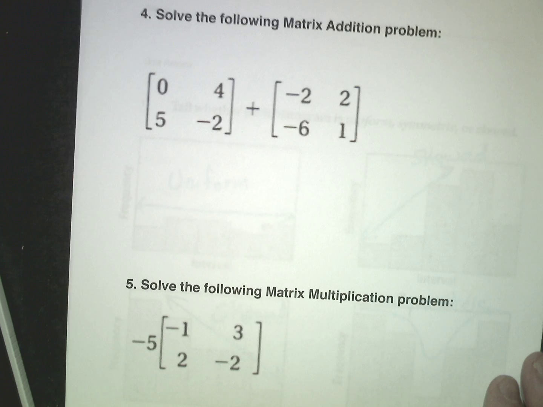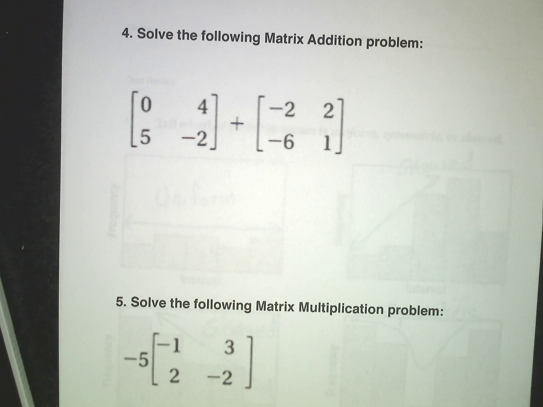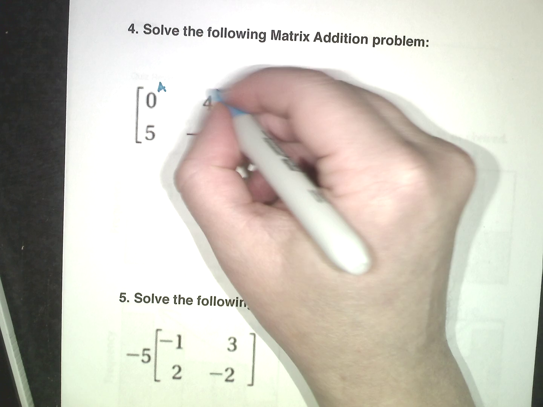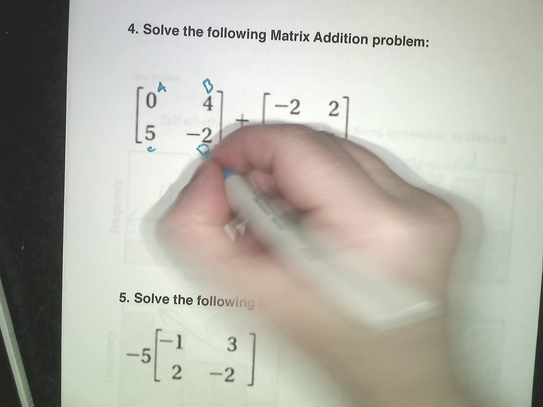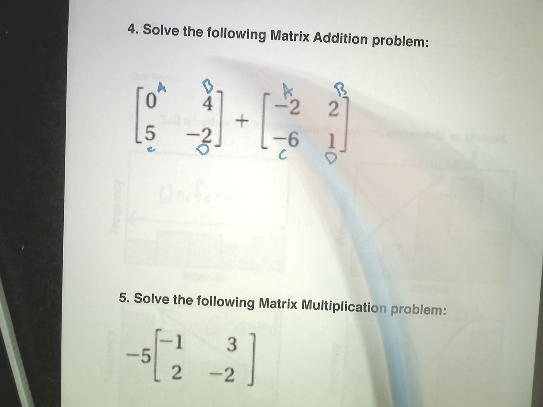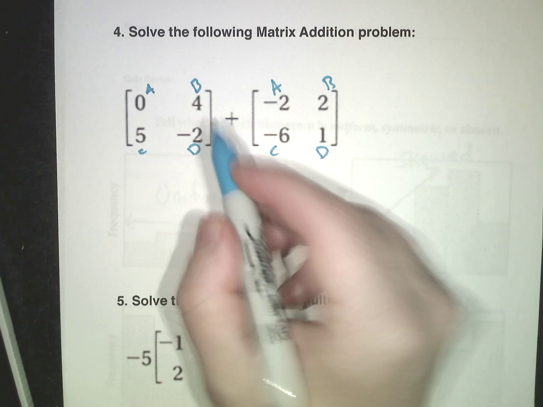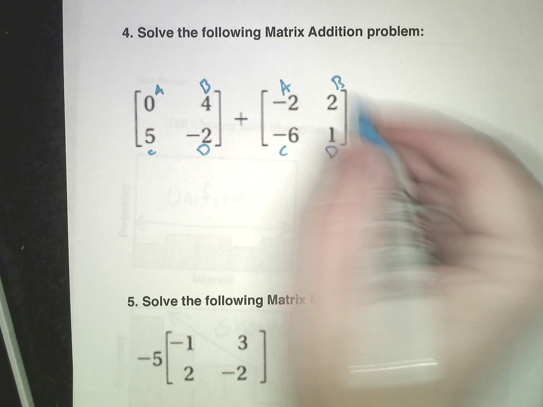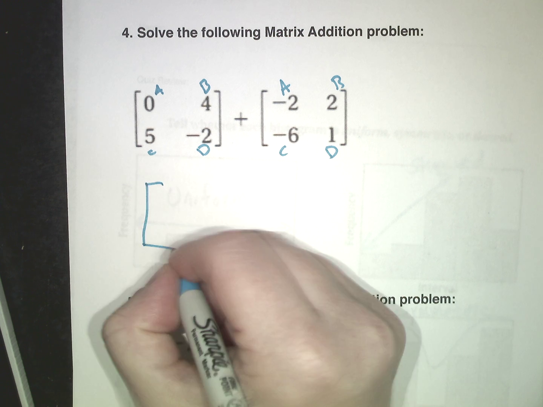Okay, here we go. So matrix addition. What I do here is take these two matrices and add all the same positions: A, B, C, D, and A, B, C, D. I'm making up these letters, but it's okay. So I draw a new one.